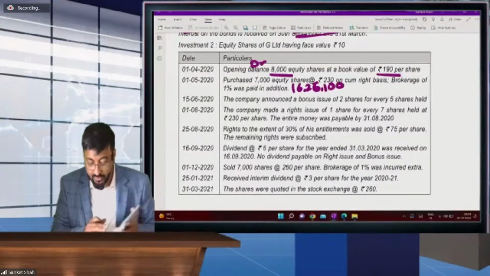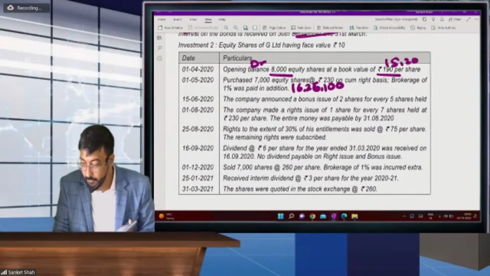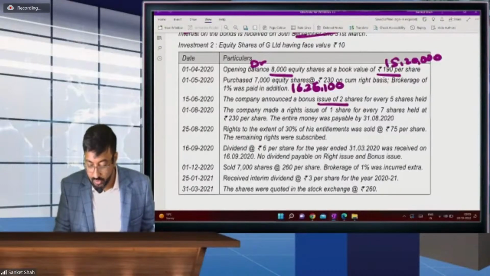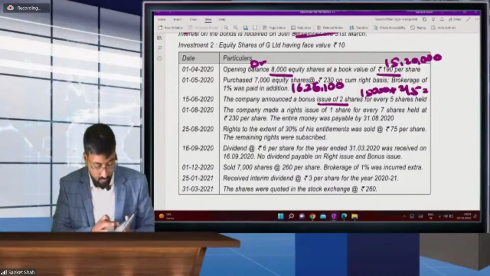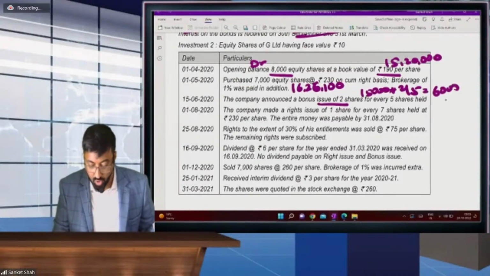So it will save my time afterwards. On question only, I will write this 15 lakh 20,000. Bonus issue of 2 shares, 15,000 into 2 by 5. 6,000 bonus shares, 0 cost.